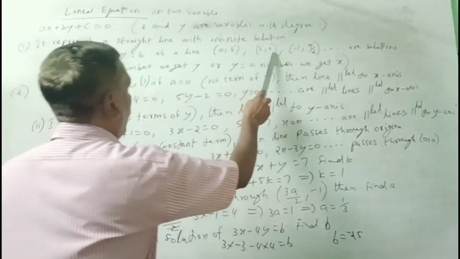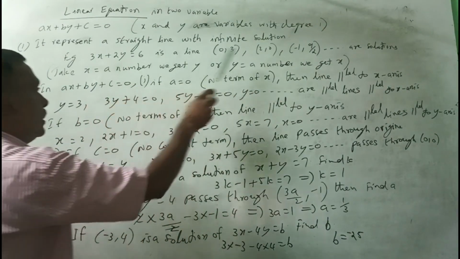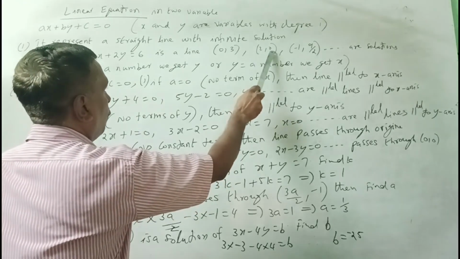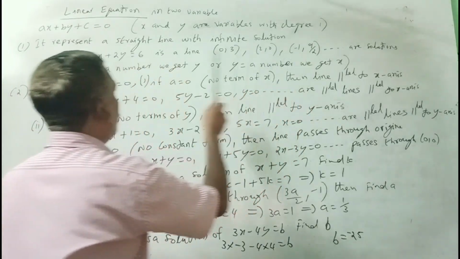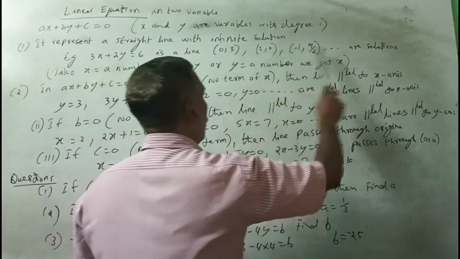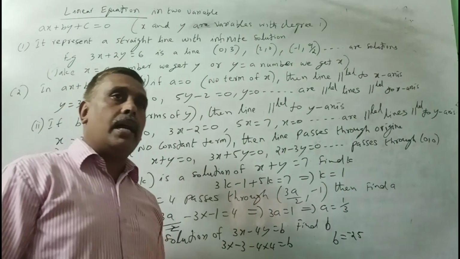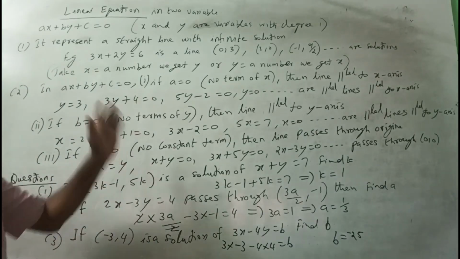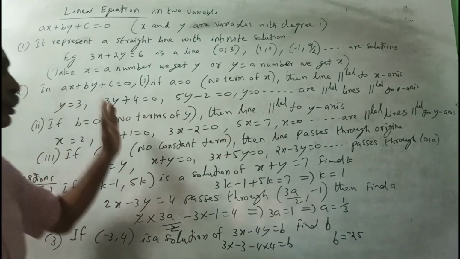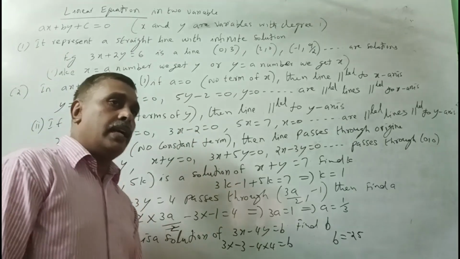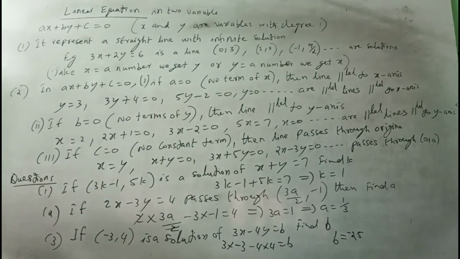Similarly, x is 2, y is 0: 3 into 2 is 6, plus 0, is equal to 6. Similarly, x is 0, y is 0 and x is minus 1, y is 9 by 2. We can get a lot of solutions. Solution means the values of x and y make the LHS equal to RHS, or in short, the values of x and y satisfy the equation.